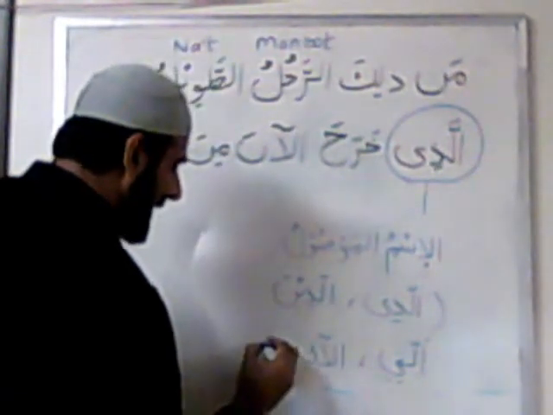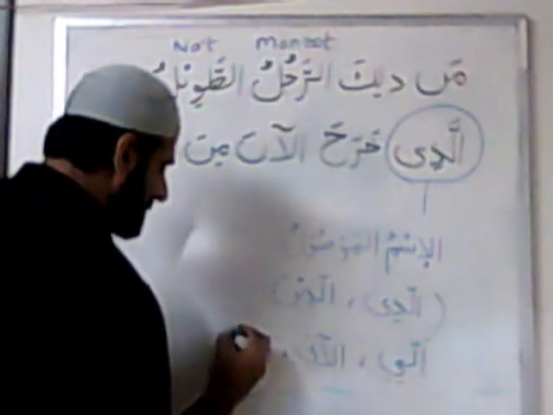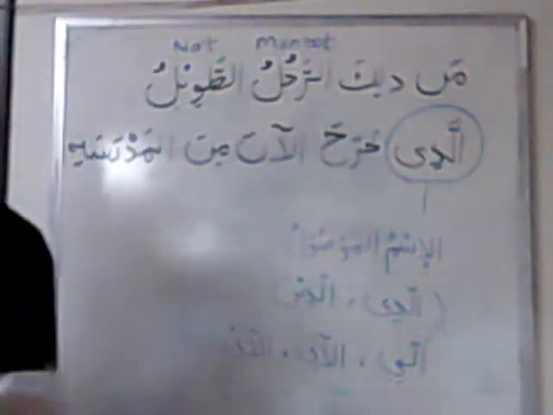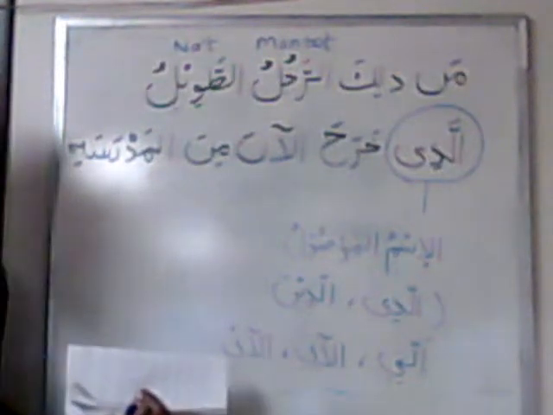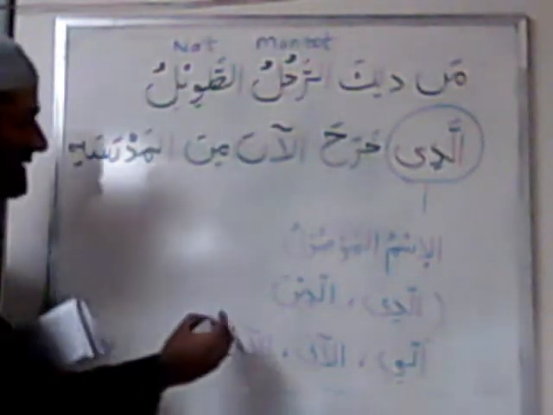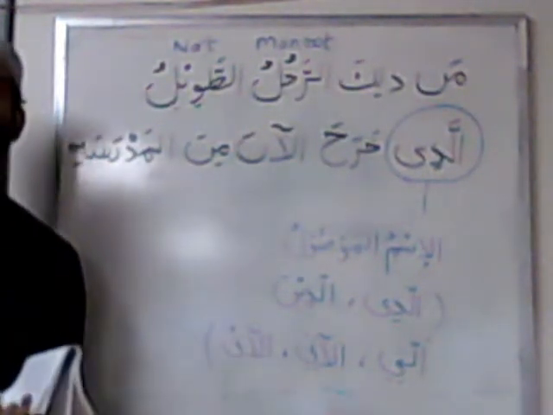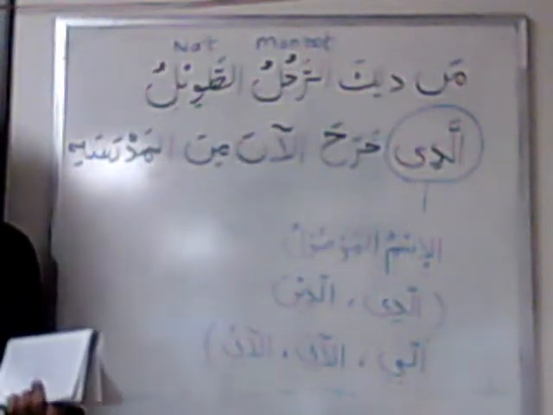Or it could be allai. These are all plural forms of allati. So that's why it's called relative. It's relative to the thing, the number and the gender you're talking about.